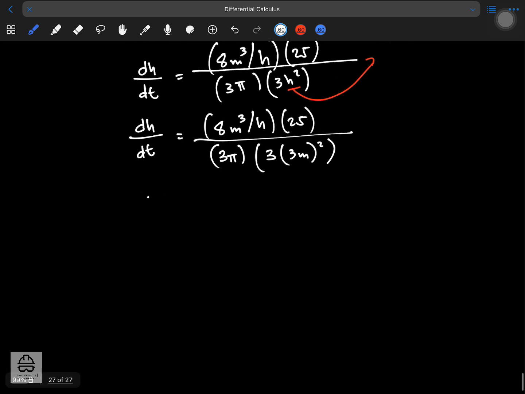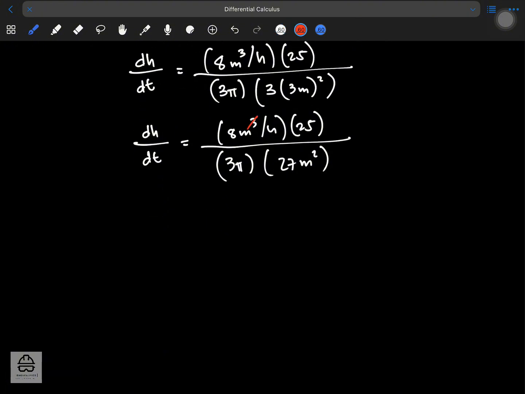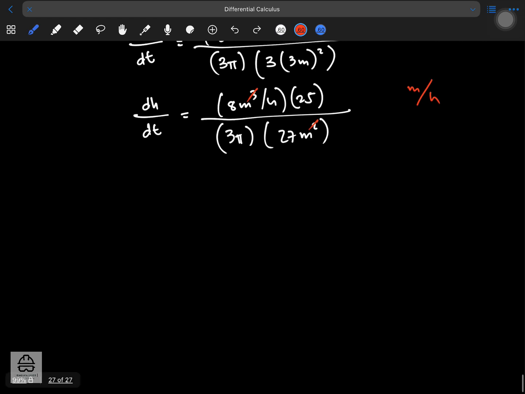So, iisa-isahin po natin to para mas madali siyang maintindihan. 8 cubic meters per hour times 25 divided by 3 pi times 3 meters times 3 meters, that would be 9 meters squared times 3, that would be 27 meters squared. The 3 here is already cancelled, so yung natitira na lang is meter per hour because we still have the r here. Meter per hour, please take note of that.